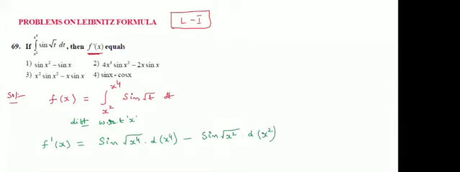Students, all of you understood now. In the first term the square root cancels, you will get sine x square into the derivative of x power 4, which is 4x cube, minus here sine x, the derivative of x square, 2x. Now see the answer.